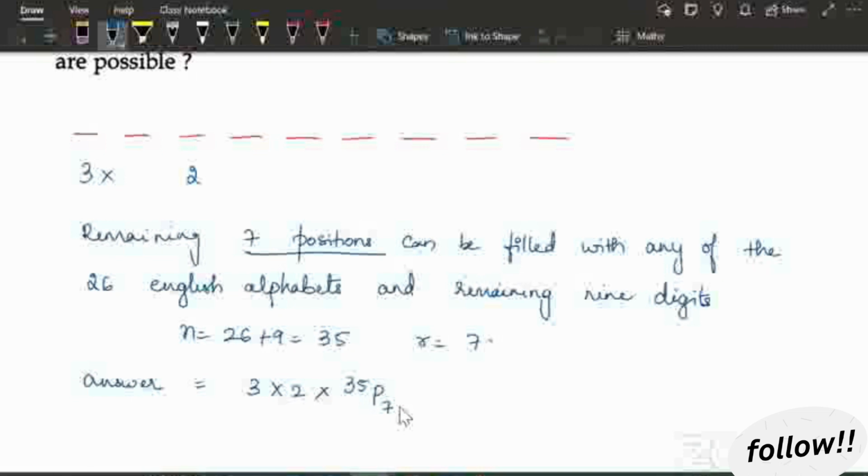They have not given that you have to select this many letters and this many digits. That is not given. All 7 can be digits here. All 7 can be letters or any mixture of letters and digits. So it is 35P7. This is your answer. You can keep it as it is. No need to simplify. Keep it as 6 into 35P7, since 3 into 2 is 6. That is your answer. No need to simplify further whenever you have big numbers.